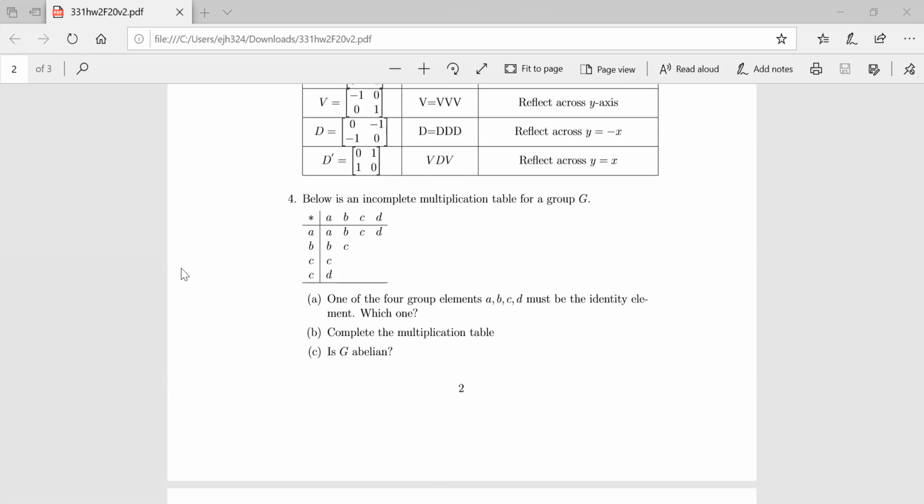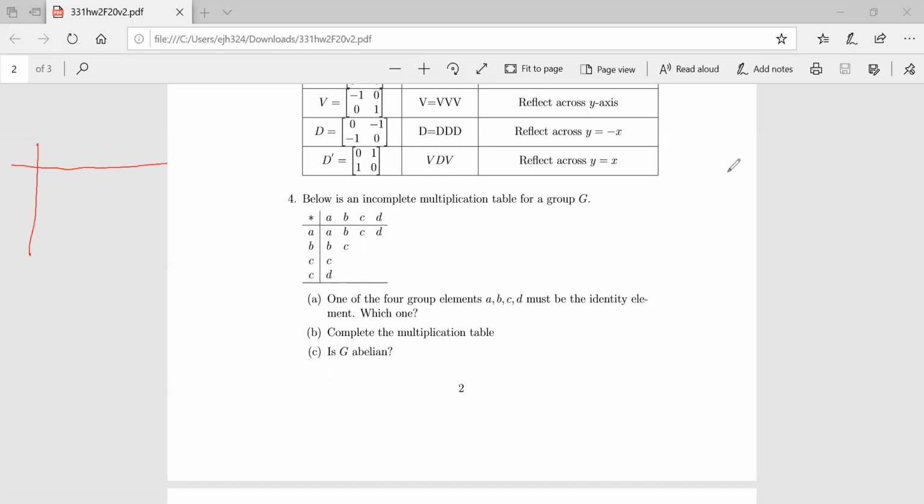No, you didn't. Okay, I'll do 4 for you guys then, or give you guys some hints. So the below is an incomplete multiplication table for the group G.